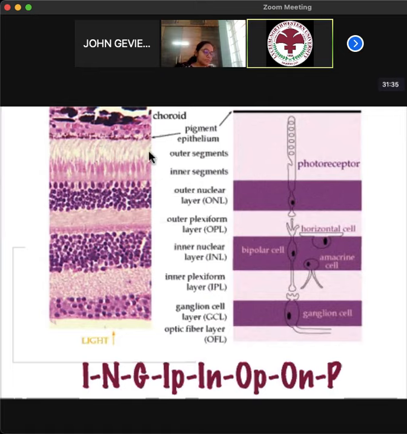It's better to know the layers from inner to outer, because most of the lesions that we see on the retina, their configuration would really depend on what layer they are found. So we'll tackle that later on.